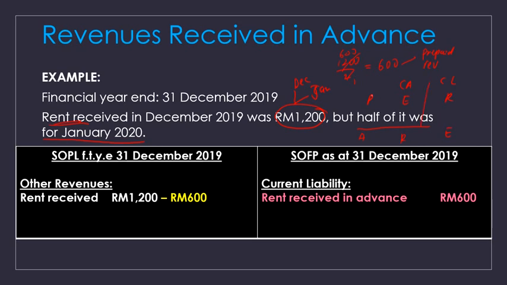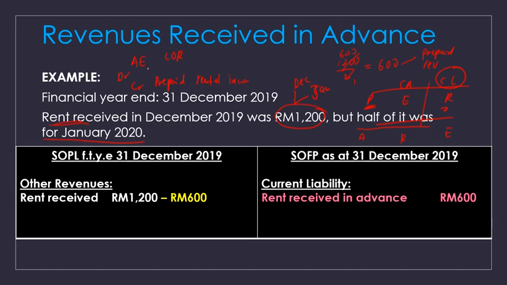Okay, so dia ialah prepaid revenue. So it is your current liability. So bila dia current liability, you punya journal entry akan jadi credit prepaid rental income or rental receipt boleh je.